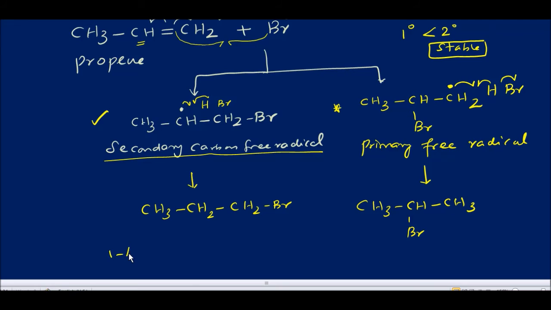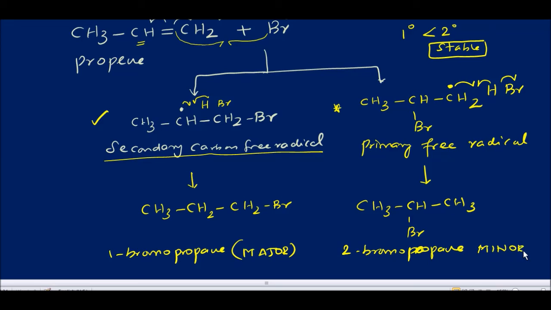This is said to be 1-bromopropane, and this is called 2-bromopropane. Among these two, this would be the major product, and this is said to be the minor product.